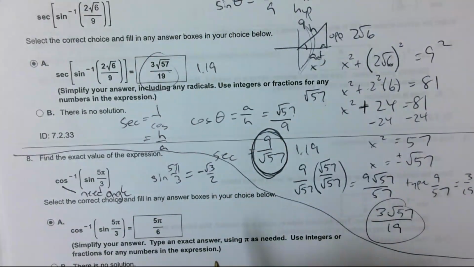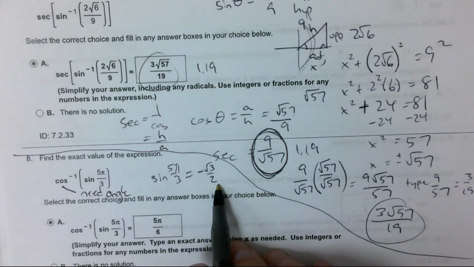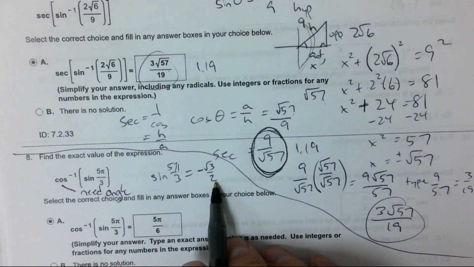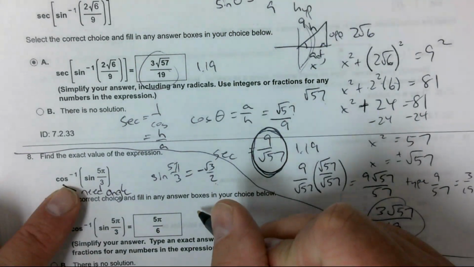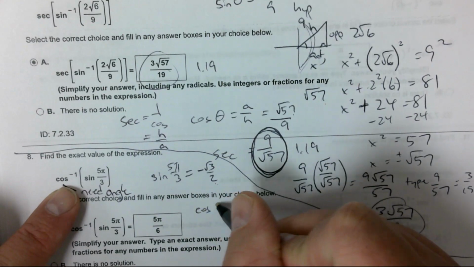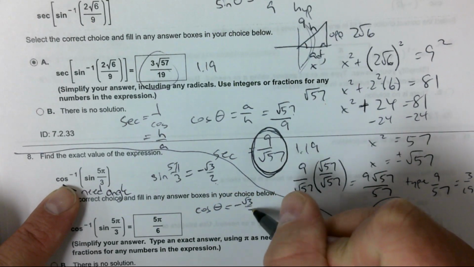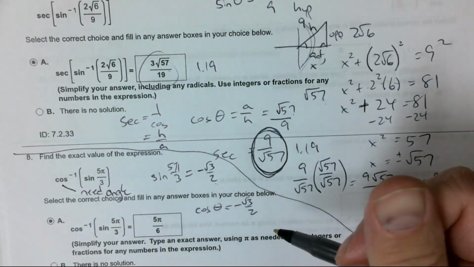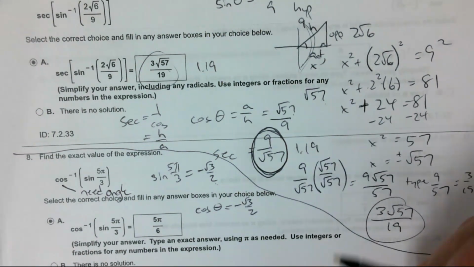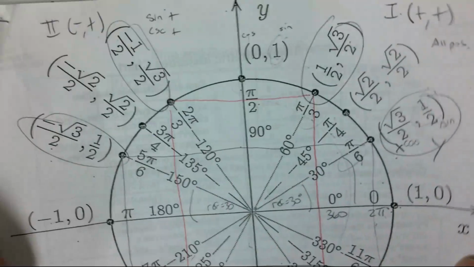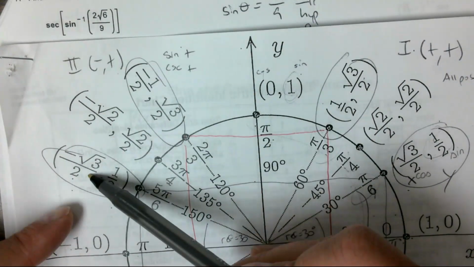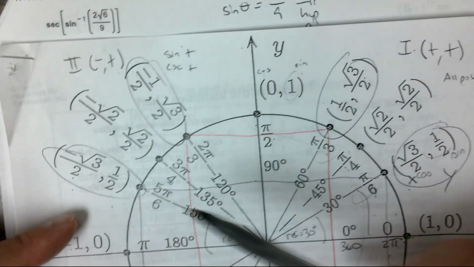And then find where cosine of theta is negative square root of 3 over 2. And it's right there at 5 pi 6.